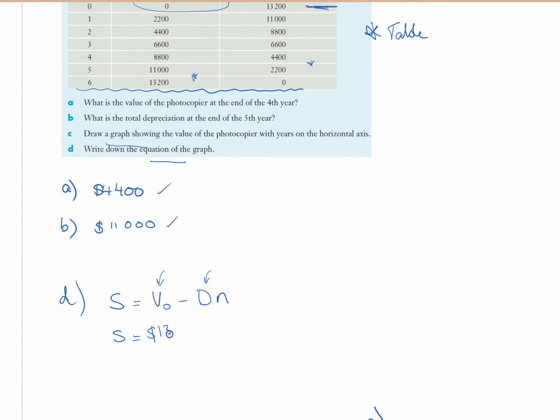So our equation starts $13,200 minus. And that's not going to vary. That is the price it was. That can't change. The amount it's depreciating isn't changing either. That is $2,200 per year. And we've got that times n, the number of years.